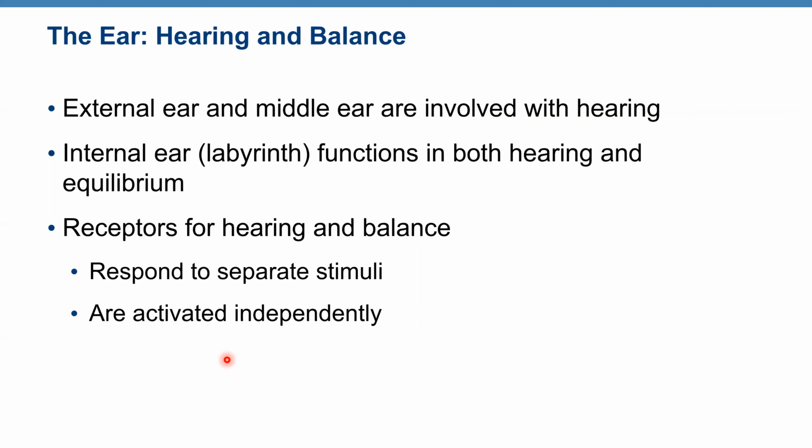So you know where your head is located, you know when you rotate, you feel a rotation of your head. You also feel movement, forward, backwards, left, right. Right, so those are receptors for your balance and equilibrium, and they have different stimuli. Receptors for hearing have different stimuli.